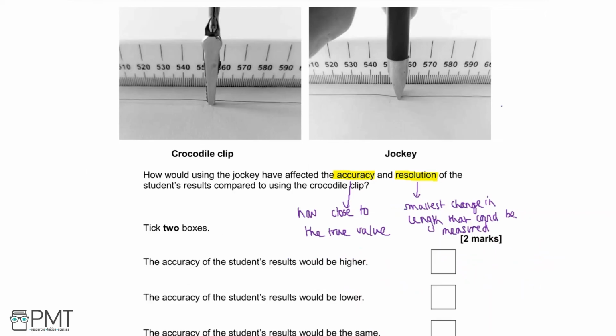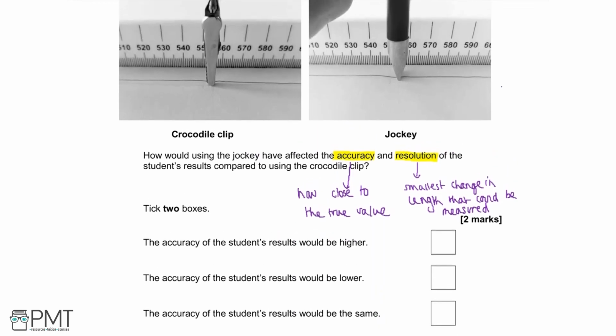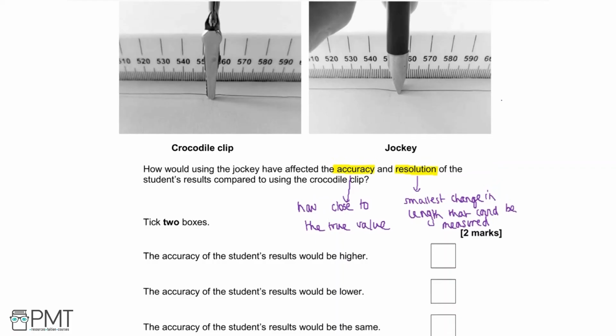So when we're looking at accuracy, which is the first 3 options of this question, we're given the choices that accuracy would be higher, that accuracy would be lower, and that accuracy would be the same. So let's look at what we have here. The accuracy is how close my value is to the true length of the wire.